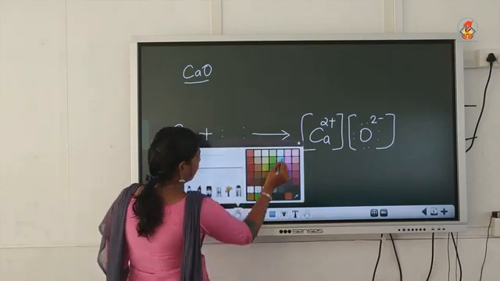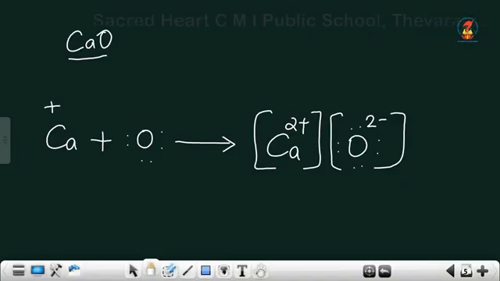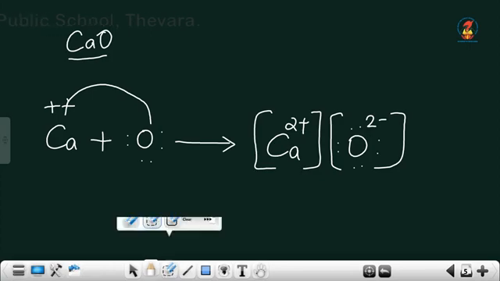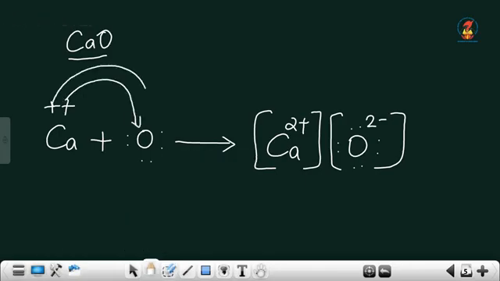This I can put as plus. So this electron will be transferred here, and again the second electron to oxygen.